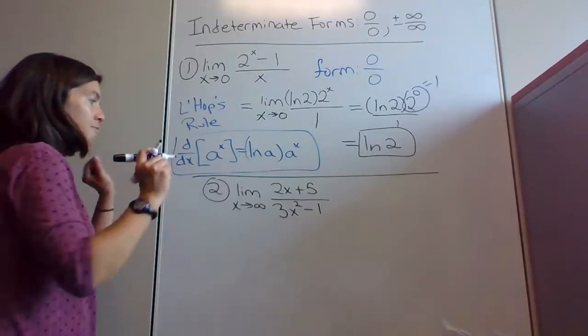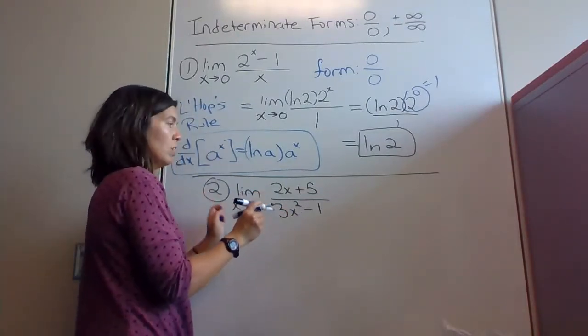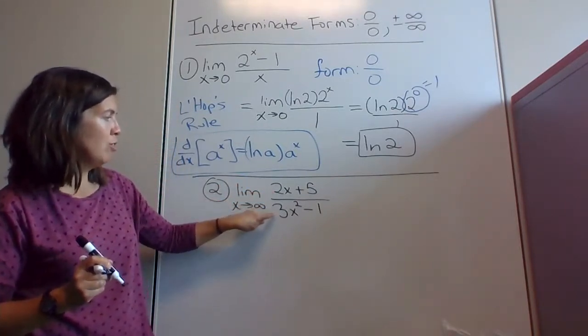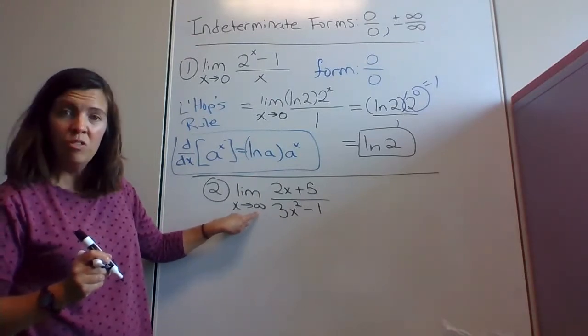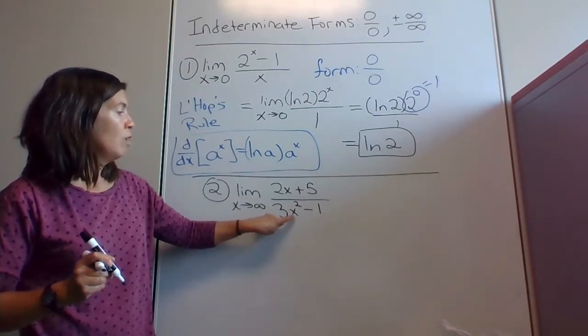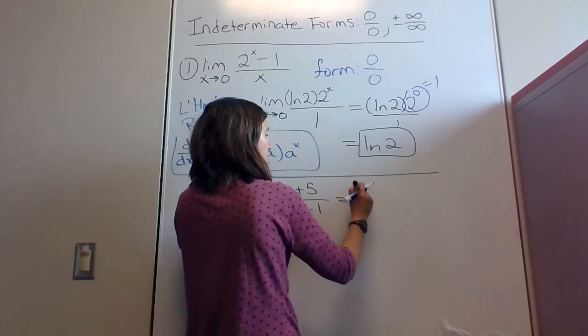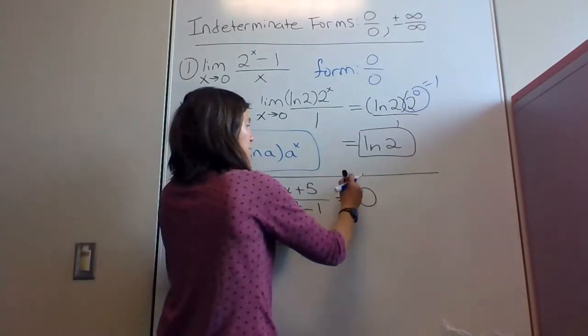Now, the fastest way to evaluate this limit is to use shortcuts that you learned in Calculus 1. For a rational function, which is polynomial over polynomial, for limits at plus or minus infinity, we can compare the degrees of the numerator and denominator. Whenever you have a larger degree in the denominator, this limit at infinity is automatically 0. And that's the best way to determine this limit.